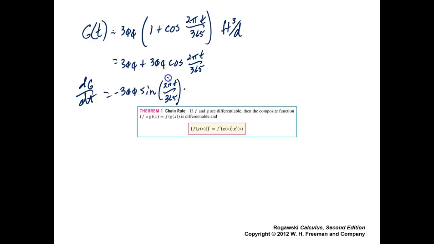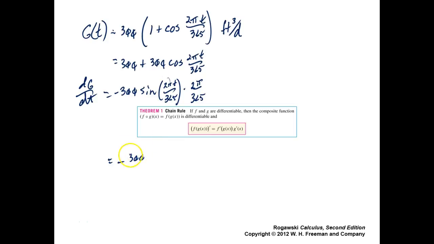What's the derivative of 2 pi t over 365? The t is a variable, and this is just the coefficient. The derivative of, say, at would just be a, right? So it's just 2 pi over 365. I don't like following that, so I'm going to bring that up front and make that minus 300.